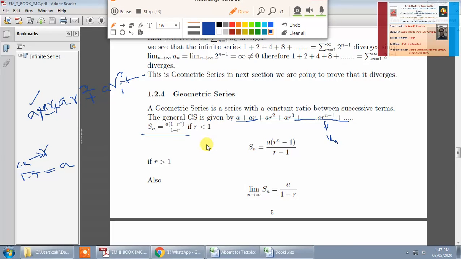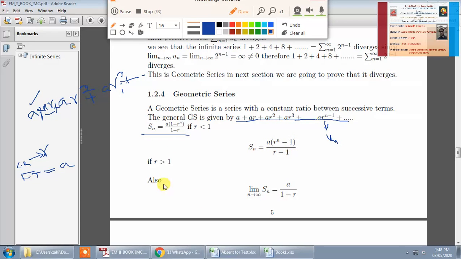And for r greater than 1, we just change the formula: r raised to n minus 1, divided by r minus 1.